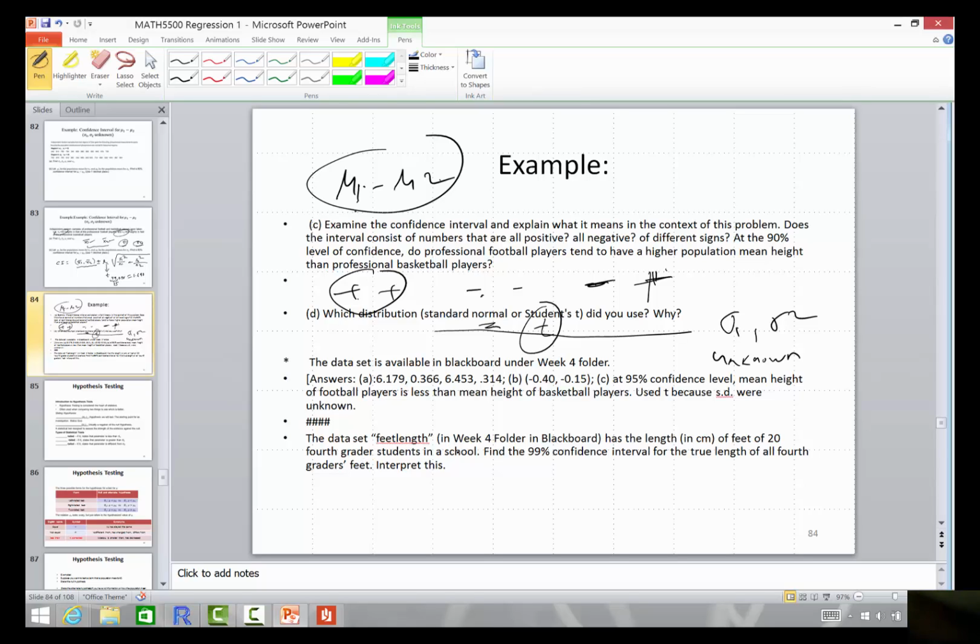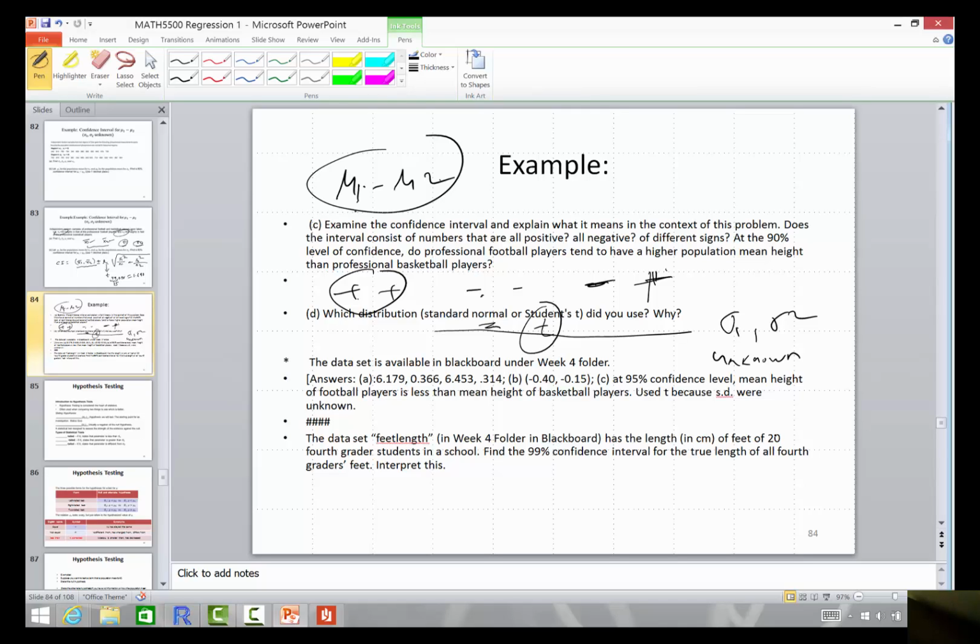So there are 20 students from the 4th grade in a school, and we got the data for their feet length to determine what shoe size they need. To figure out the size of the shoe they wear, we measured the length of the feet of the kids in fourth grade.